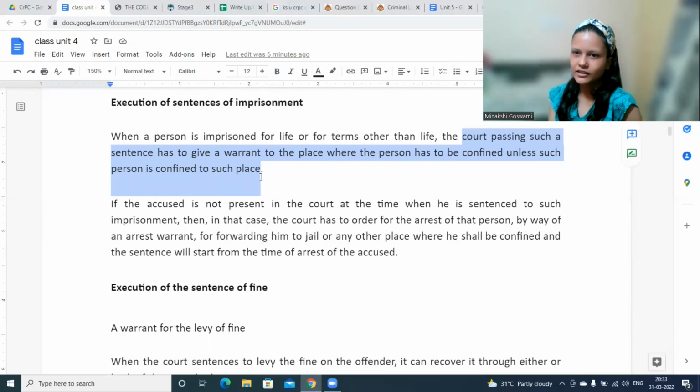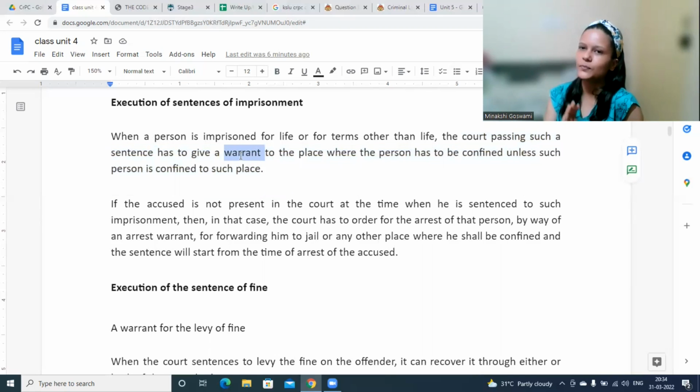He is awaiting the trial. He might already be in prison. If he was already in prison, that same prison only he should be kept, then there is no question of sending any warrant. But in case he was not already in prison or he was in a different prison, in such a case, warrant may be issued by the court that this person needs to be arrested, kept in this particular custody.